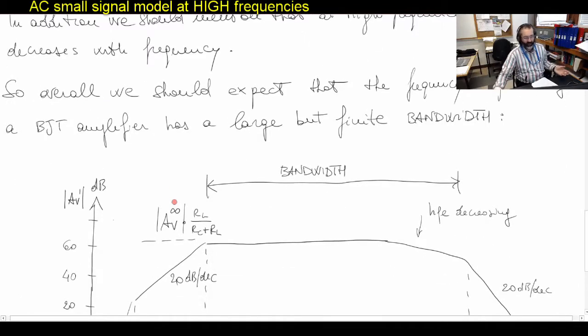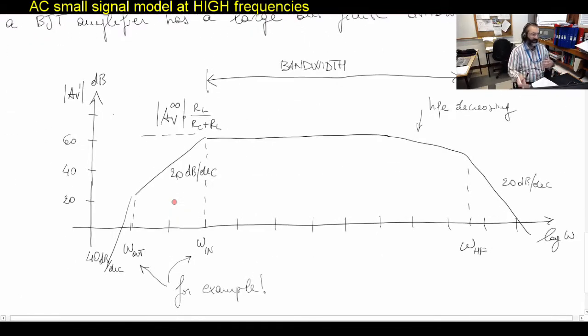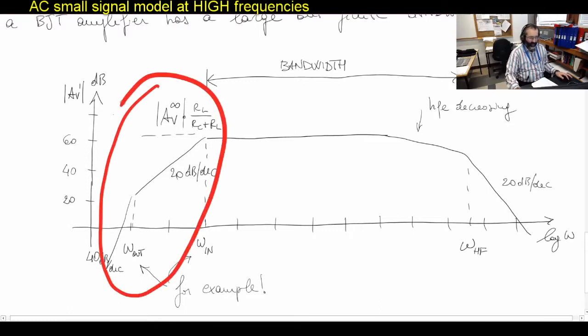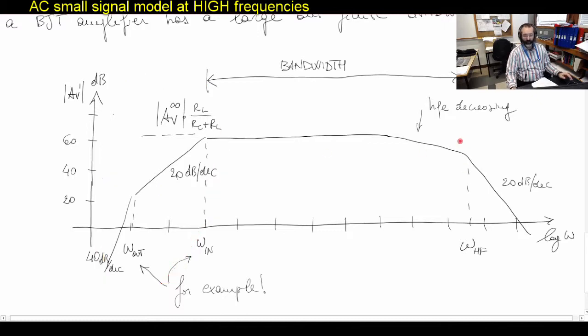Putting all these things together and trying to complete the Bode diagram we were doing previously: there is a high pass behavior due to the C in and C out capacitors, but now there is also a low pass behavior due to omega HF, which lies at very high frequencies, maybe gigahertz. There is also a drop in h_FE, which will make the total voltage amplification drop.